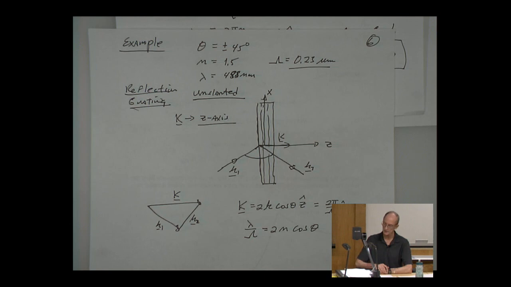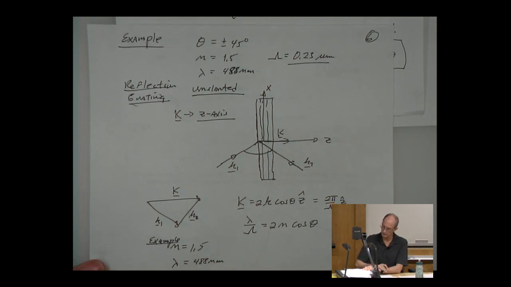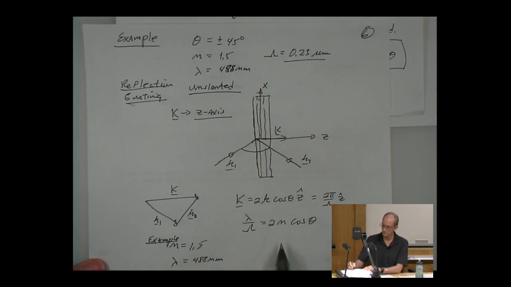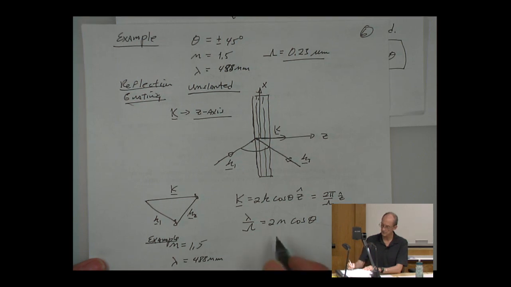And in this case, if we look at an example with the same material parameters that we had, so we'll have, say, n equals, again, 1.5, and we'll use a construction wavelength of, again, 488 nanometers. So let's try to get the smallest period that we can. We want cosine theta to be the largest, so theta should equal 0 degrees.